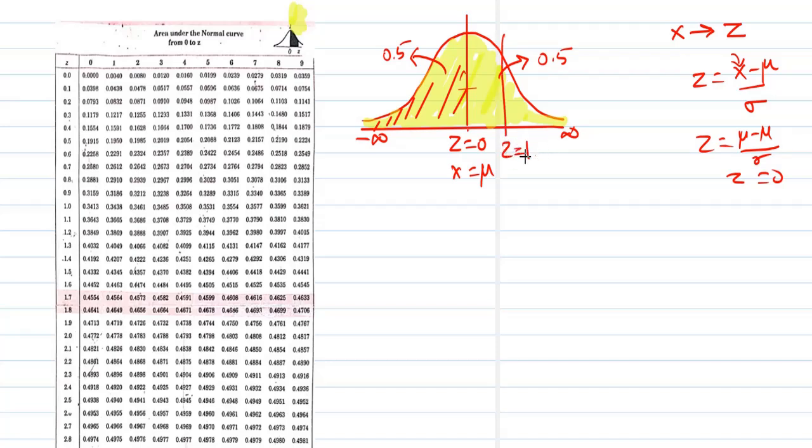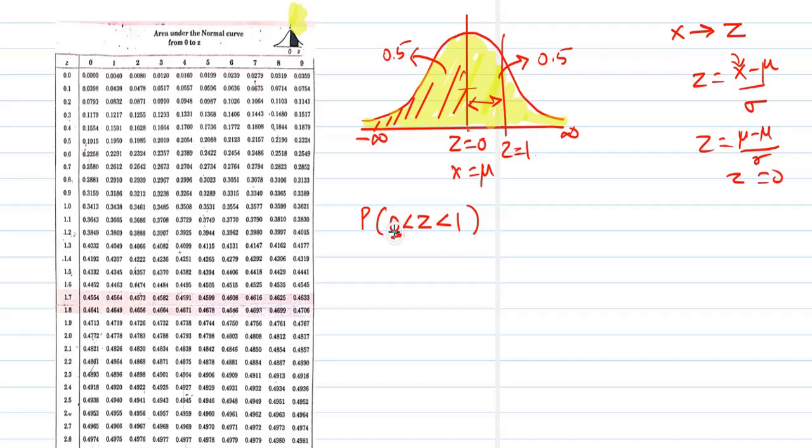Now we will see how to find the area of this portion between 0 and 1 from the table. This is actually a probability: the probability of 0 less than z less than 1, the region between 0 and 1. How to find it is represented as the value from the center to the point 1.